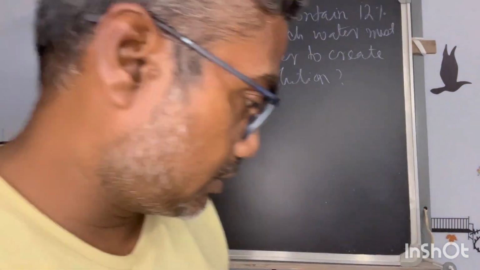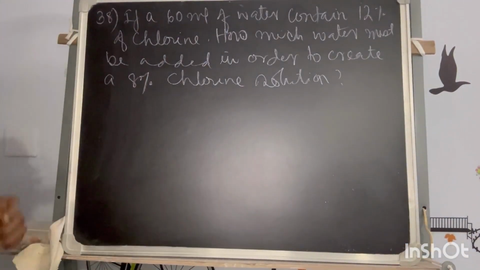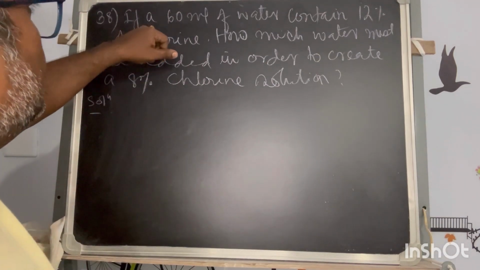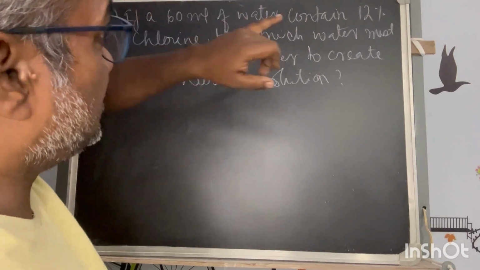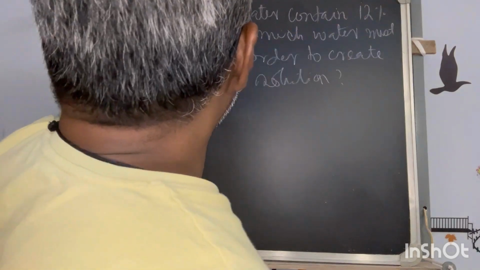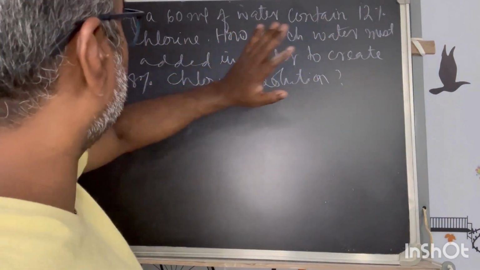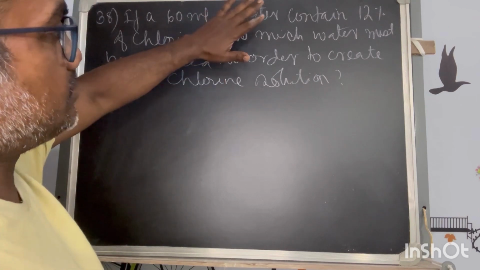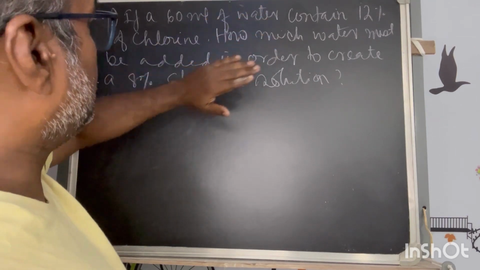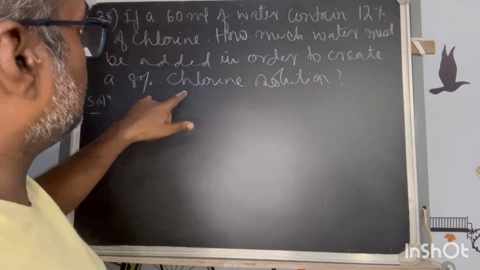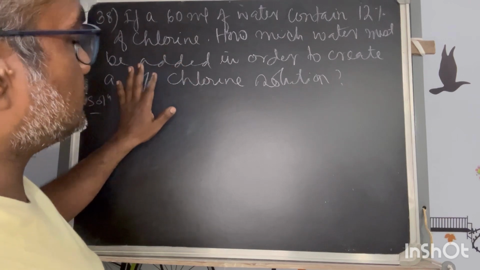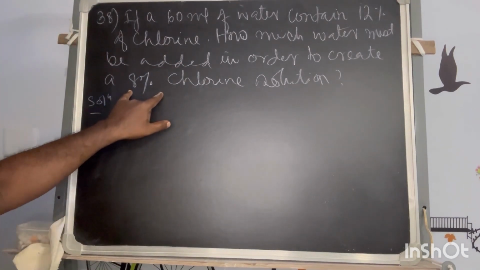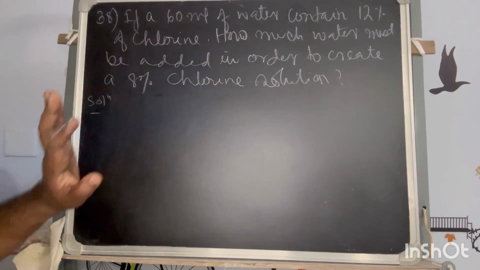Okay, so let us understand. It said, in 60 ml of water containing 12% of chlorine, how much water must be added? So in the first case, some water is added to get the solution converted into some other, less dense chlorine concentrated solution.